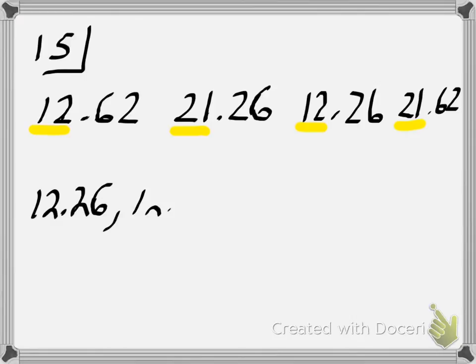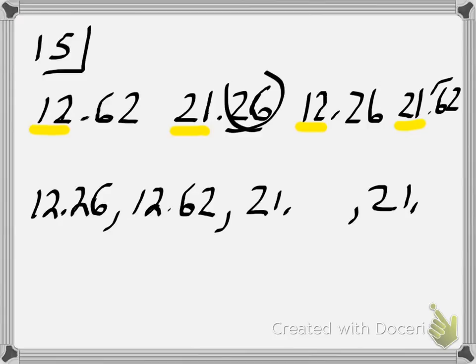Then we'd have 12.62 for our second number. Now we go on to our 21s. So we know the next two are both going to end up being 21 point something. So if we think of money again, $21.26 versus $21.62.